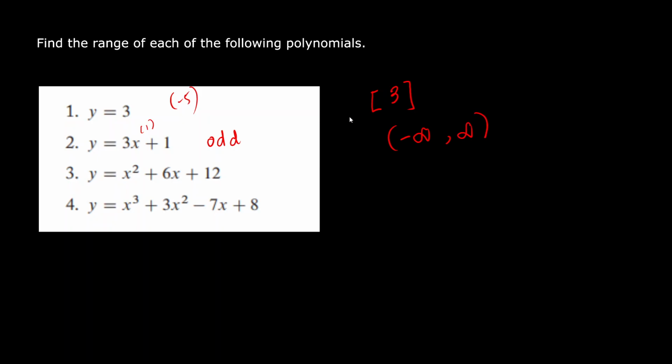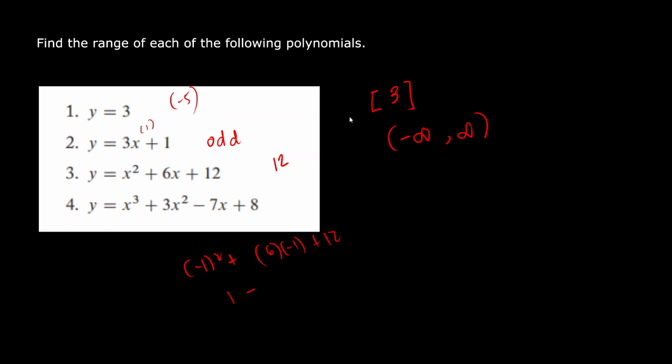Sa number 3 naman, for example, ang x natin, sabihin na natin 0. Pag 0 yan, this is 12. Pag sabihin natin negative 1: negative 1 squared plus 6 times negative 1 plus 12.